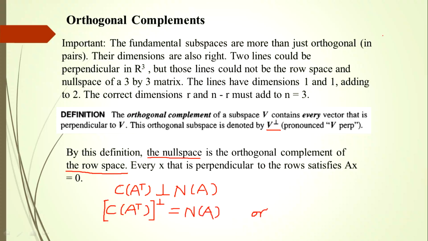Or in another way, the null space perp also equals the row space. We are not going to use the name, okay? When you use those notations, you should be able to read what those four subspaces mean.